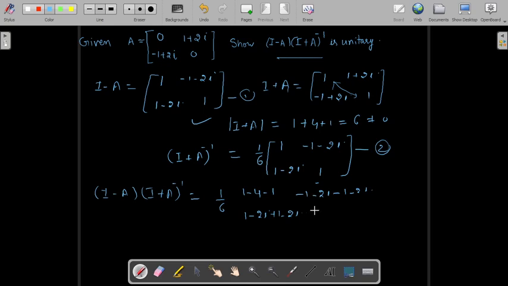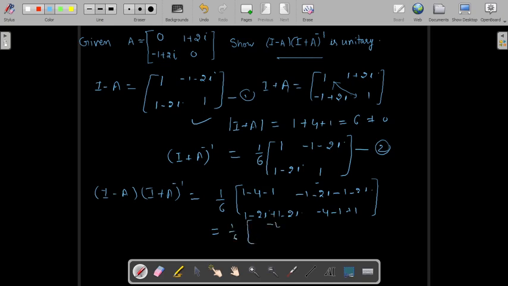So a square minus b square. What is a here? 2 iota, minus 2 iota square, so minus 4, minus 1 plus 1 here. So this becomes 1 upon 6.